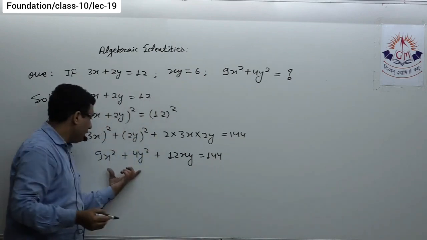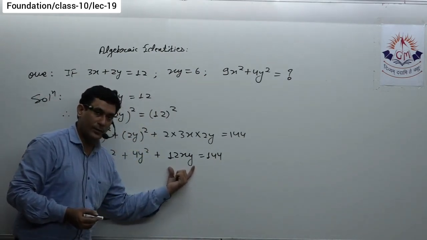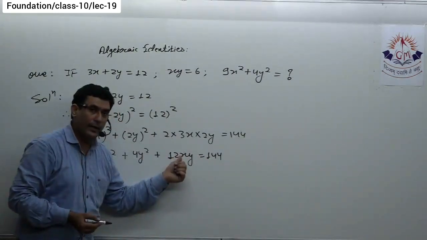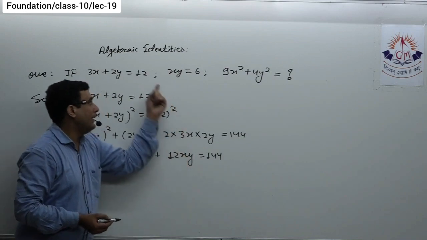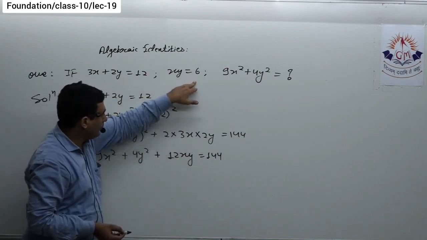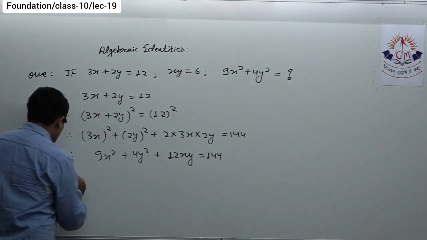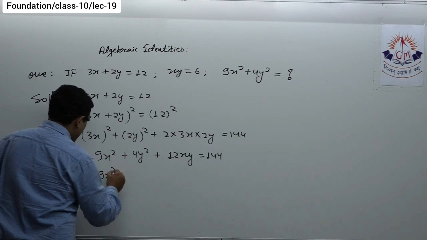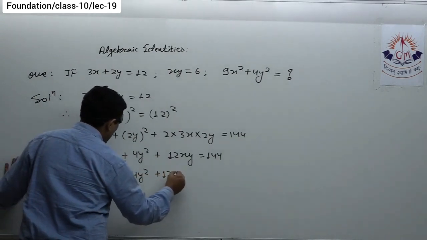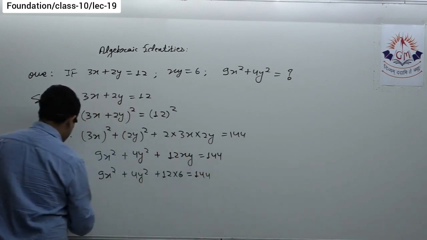Now, it means to obtain the value of this expression, we need the value of this expression, and for that we just need the value of xy, which is given in the question directly. So, simply I put xy equal to 6 over here. This gives you 9x square plus 4y square plus 12 into 6 is equal to 144.